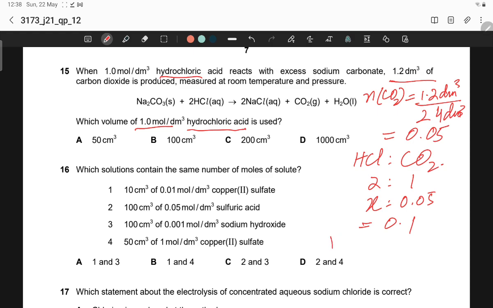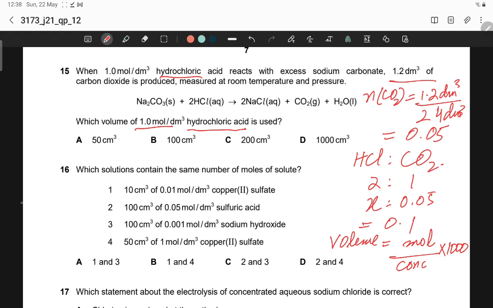The volume is equal to mole over concentration. Because volume is in centimeter cube, it is multiplied by 1000.